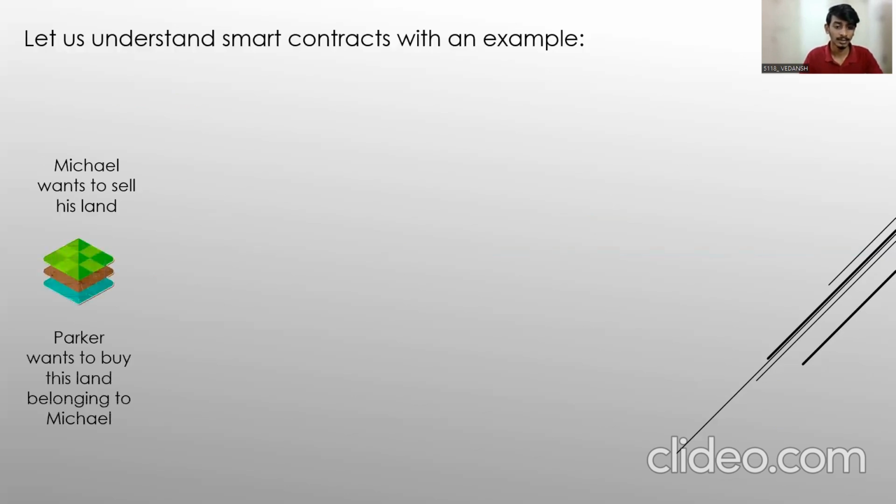In this example, we have two parties, Michael and Parker. Michael wants to sell his land, and Parker wants to buy the land sold by Michael.